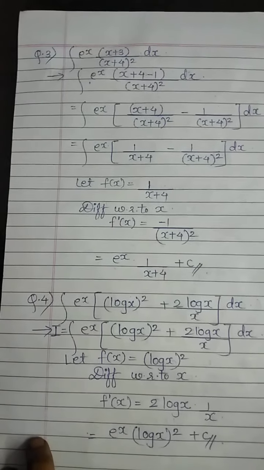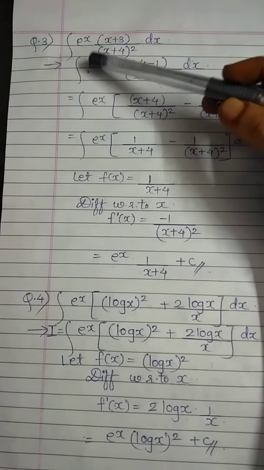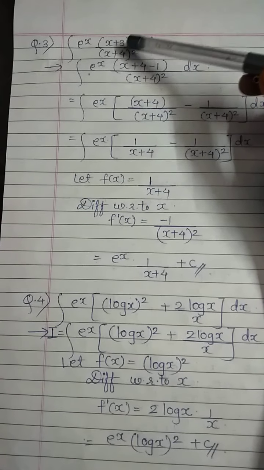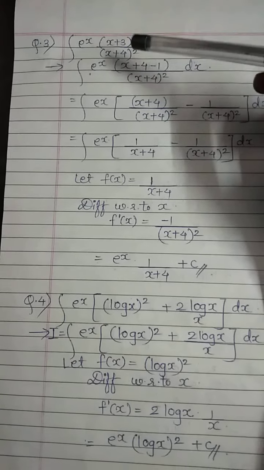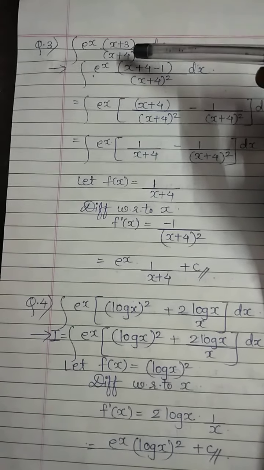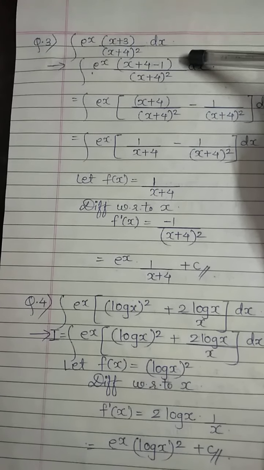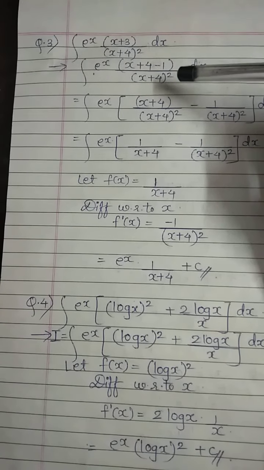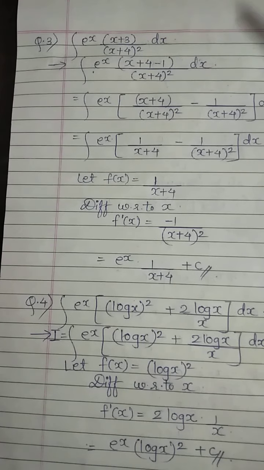Now question number 3. Integration of e raised to x into x plus 3 upon x plus 4 the whole square dx. Now here first we need to write the given integral in proper format so that we can say that f of x and f dash of x both are present in the given question.